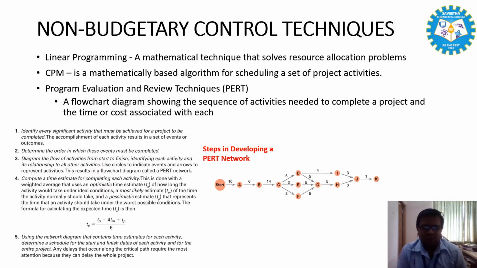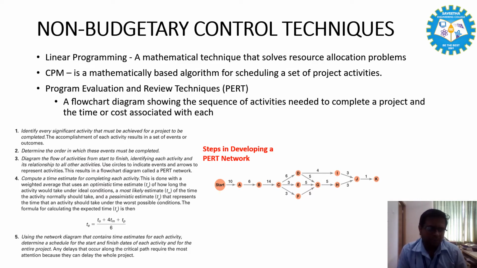The next step in developing a PERT network is to determine the order in which these events must be completed. Then you need to draw a diagram of the flow of activities from start to finish, identifying each activity and its relationship to all other activities. Use circles to indicate events and arrows to represent activities. This results in a flowchart diagram called a PERT network.